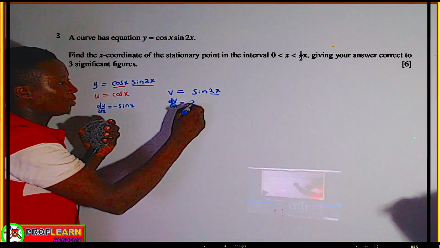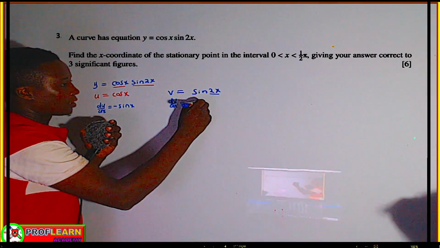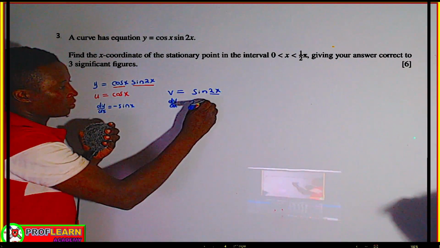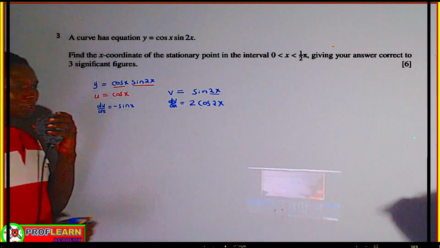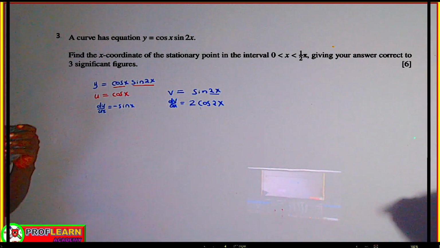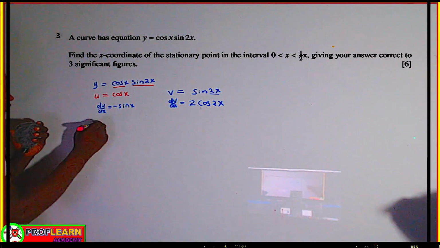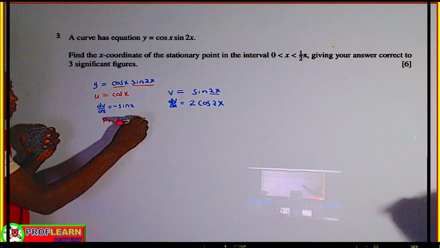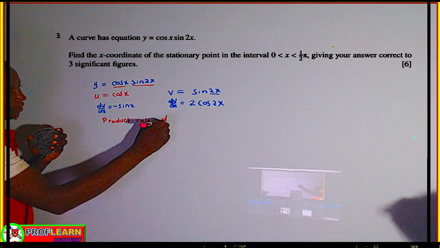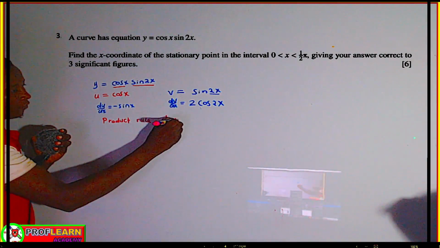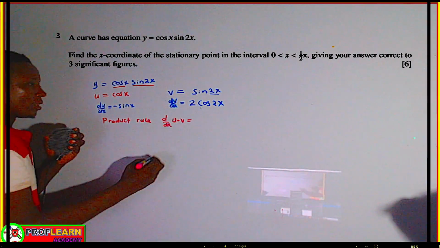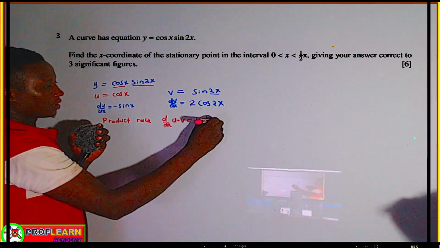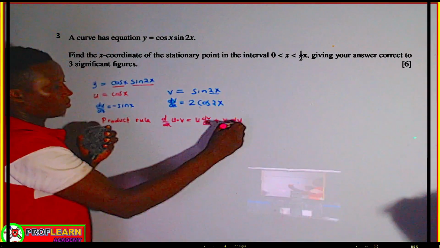We are going to remain with 2, and then we shall multiply that to the differential of this without looking at the inner function, and that's going to be cos 2x. So that is what we are going to get, and that means we can now say product rule. If you are finding d by dx of two functions multiplied together, we are going to say it is the first function u dv dx plus v du dx.